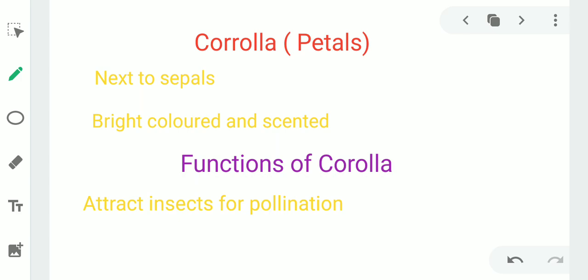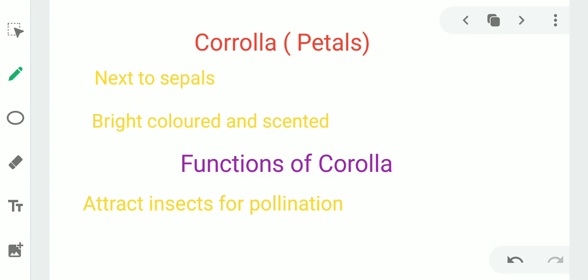Next is corolla or petals. These are present next to sepals. These are colorful, bright colored and scented. So these are colorful leaves and these have fragrance. What are the functions of corolla?